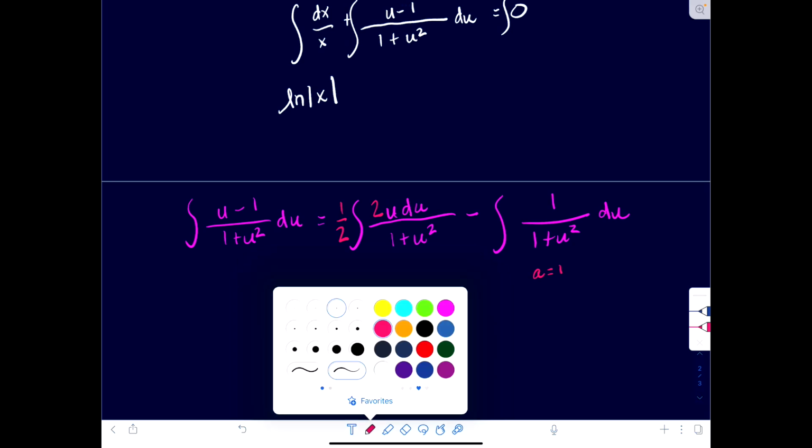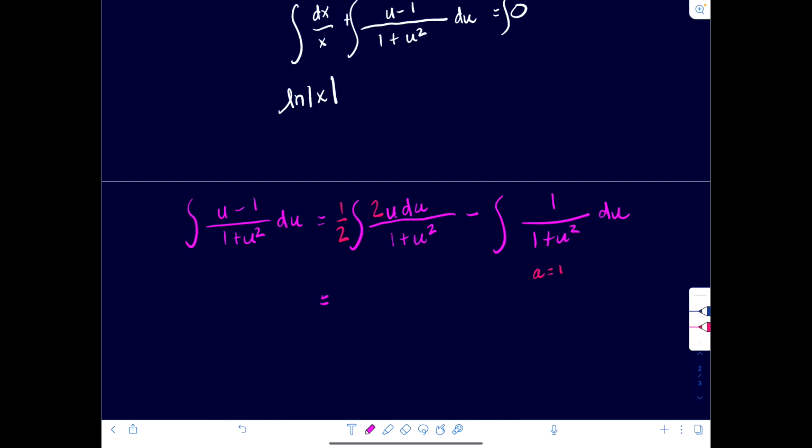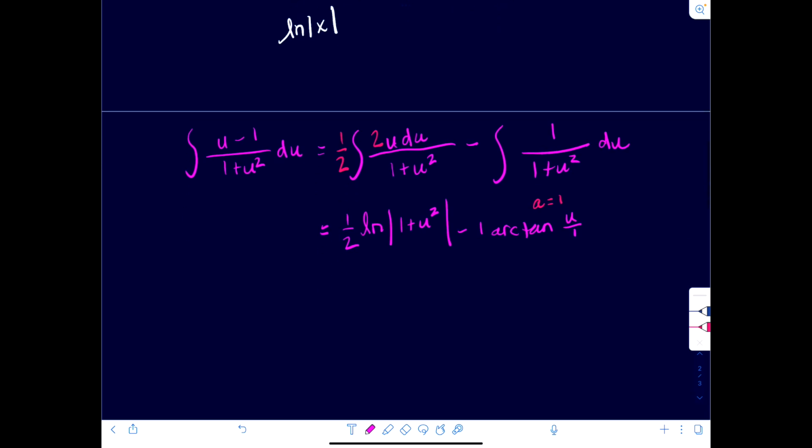So this will be equal to 1/2 natural log absolute 1 plus u squared minus 1 over a, which is 1, arctangent of u over a, which would be just u. I'll leave out the constant for now.